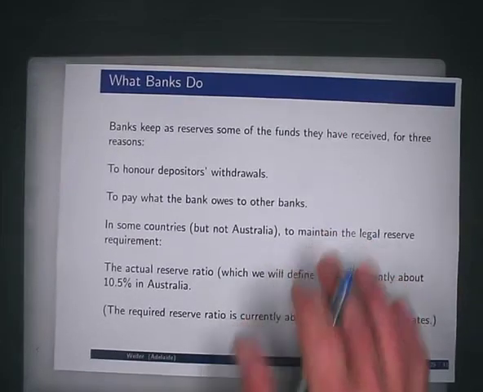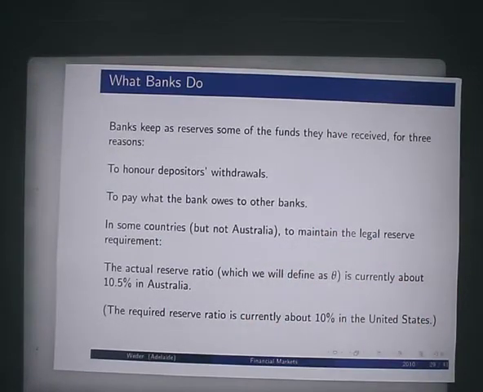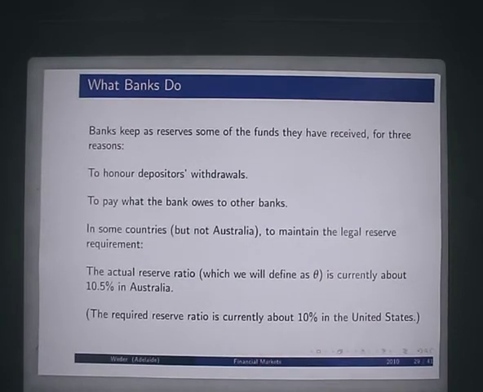And talking about these reserves, in some countries, for example in the United States, private or commercial banks are required to hold a certain percentage of the deposits that they have as reserves.